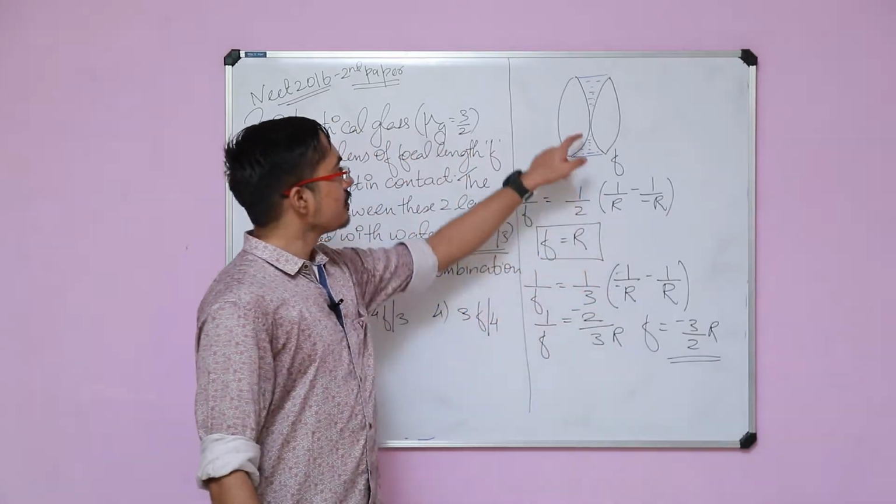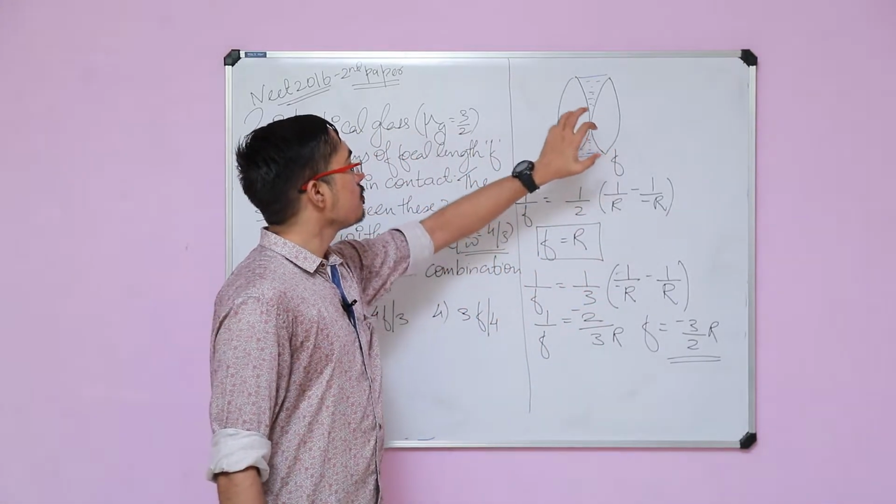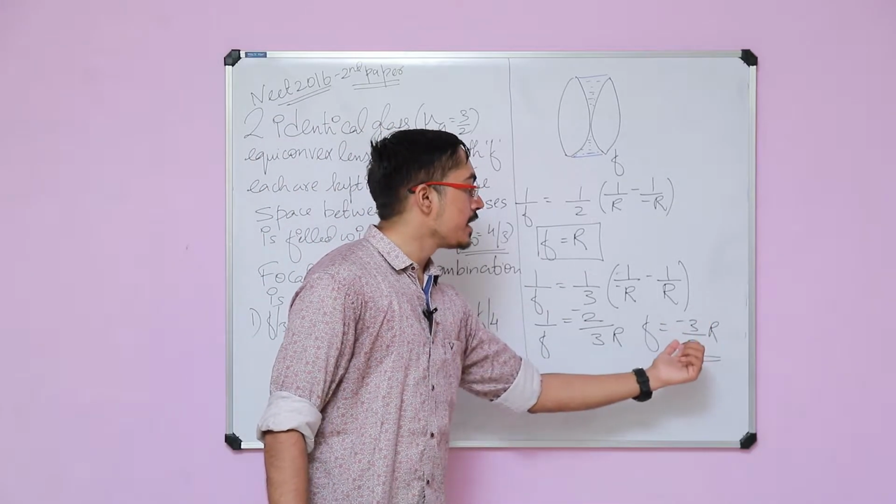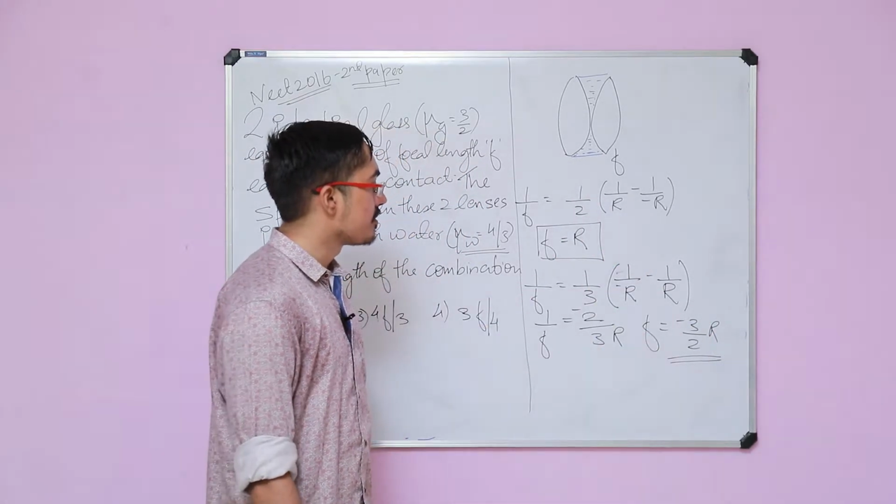So the focal length of the two biconvex lenses is r, and that of the water lens is minus 3r/2. Both have been written in terms of r.